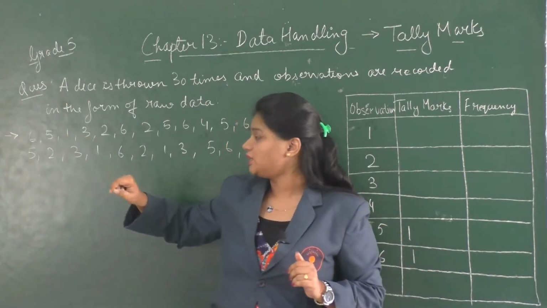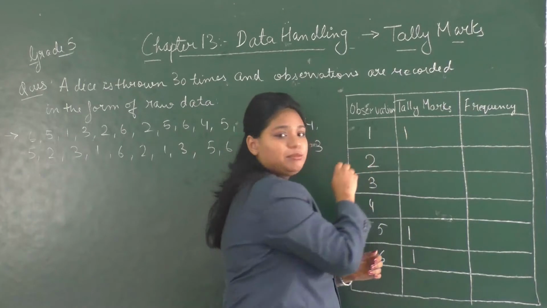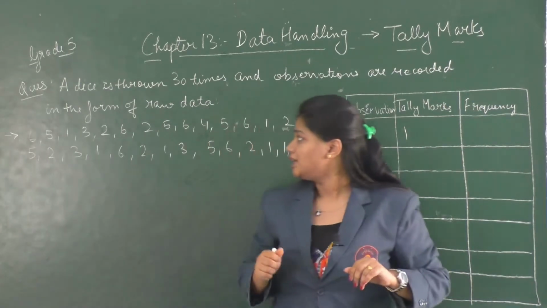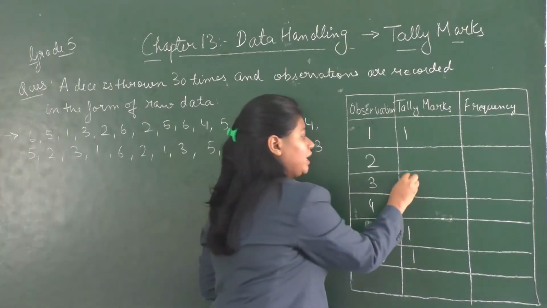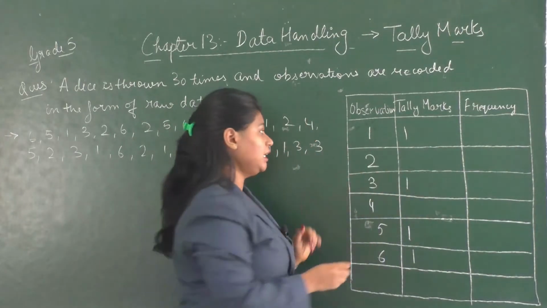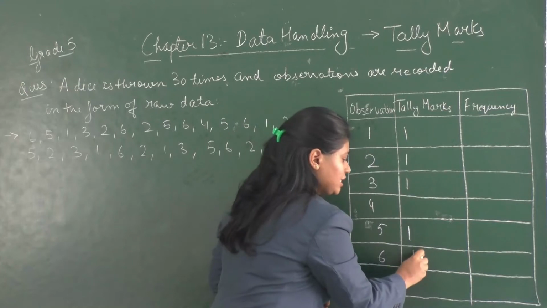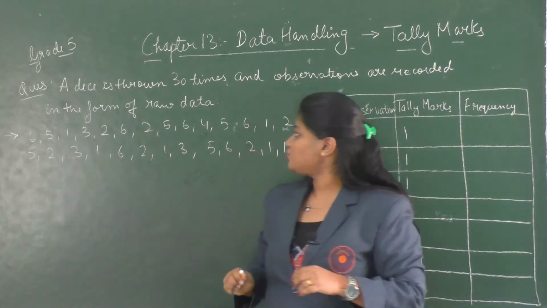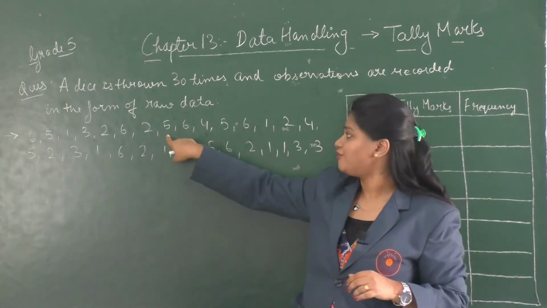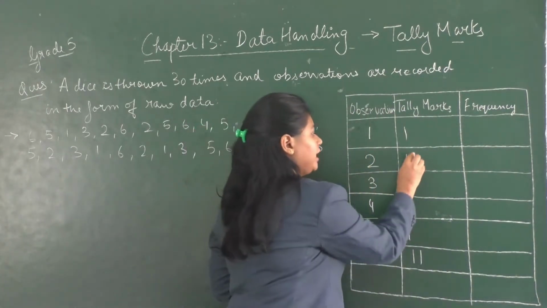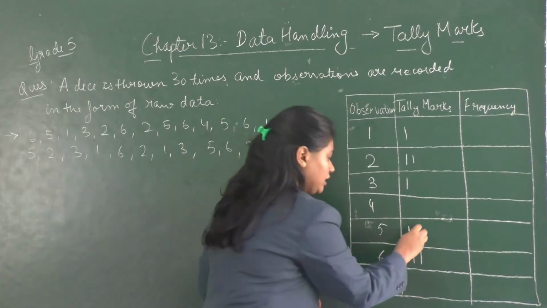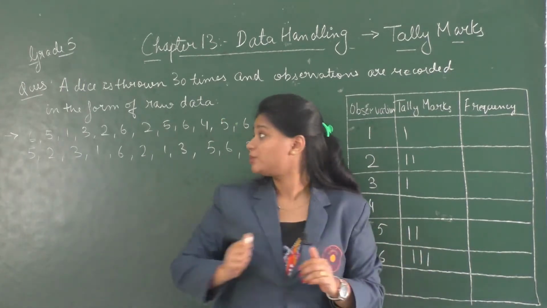Next is 1. We will add one tally mark across 1. Next is 3, 2, 6. First we will add one tally mark against 3, then 2 and then 6. Next we have 2, 5 and 6. So again across 2 we will add one tally mark, across 5 one and then 6.